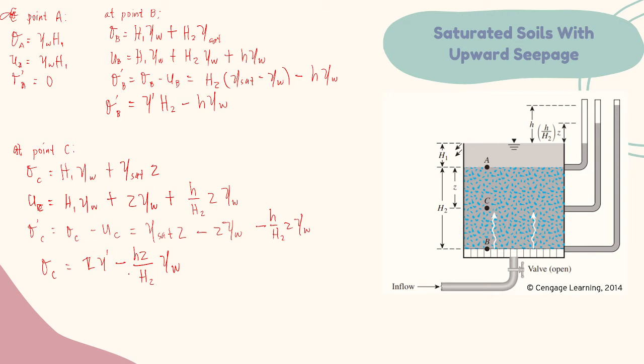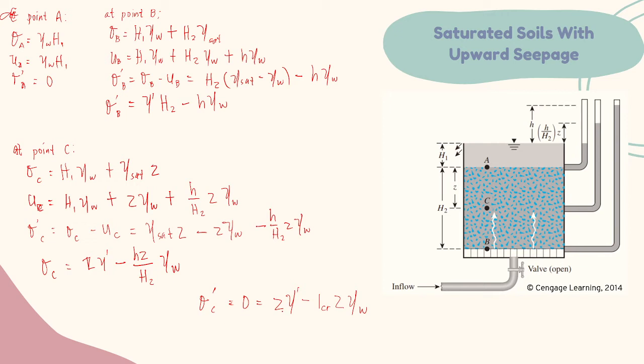And so let's try to, so this is equal to 0, therefore, Z times the buoyant, or the effective unit weight, minus the critical hydraulic gradient i sub cr times the depth Z times the unit weight of water.